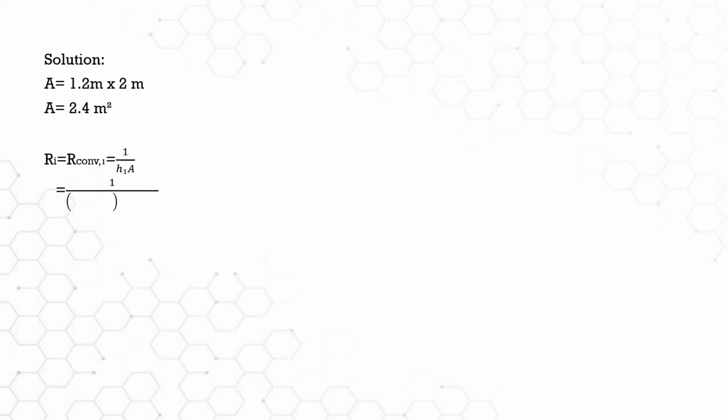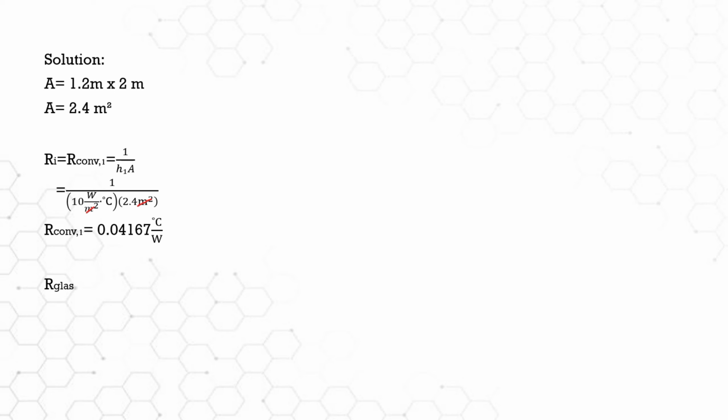Plug in the values. We have 1 over 10 watts per square meter degrees Celsius multiplied to 2.4 square meter, which is equals to 0.04167 degrees Celsius per watts.